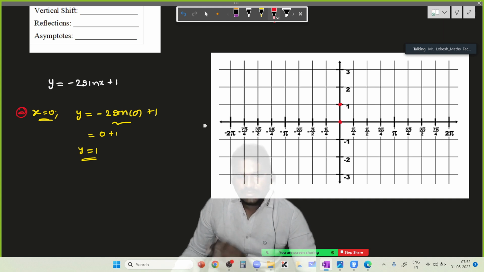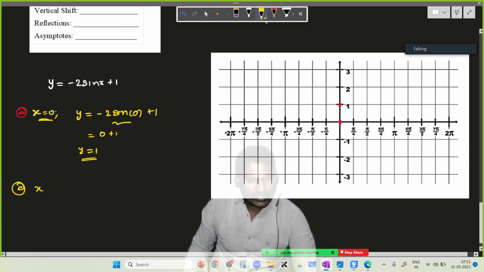Now let me take in the positive x-axis direction. So at x is equal to pi by 4, the value will be minus 2 sine pi by 4 plus 1. So it will become minus 2 into sine 45. Sine pi by 4 is 1 by root 2, right? You know the values, right? Yeah.